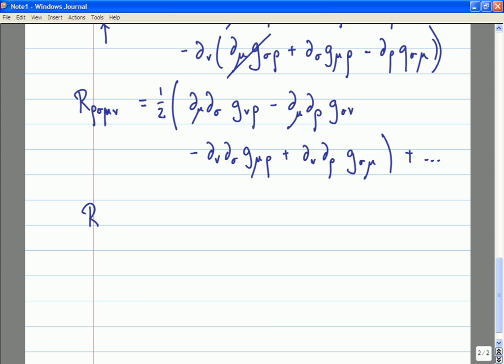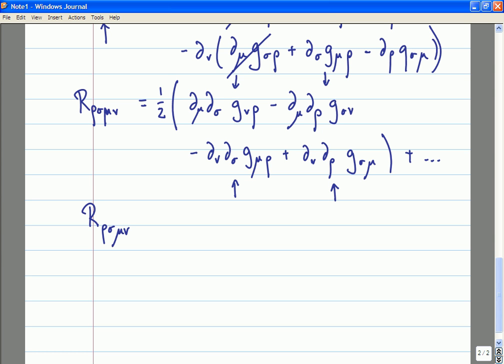So let's check that. What happens if we switched the indices mu and nu? Well, if we switched the indices mu and nu, this first term here would get exchanged with that third term, and this second term would get exchanged with the fourth term. And indeed, those terms differ by a relative minus sign.